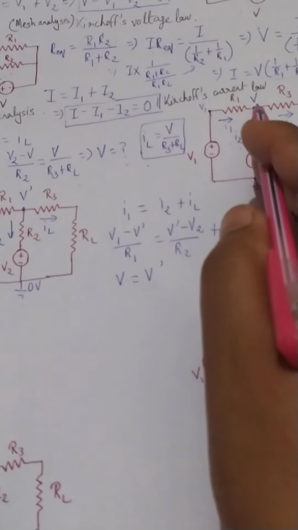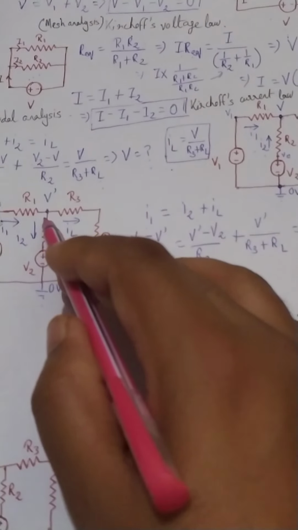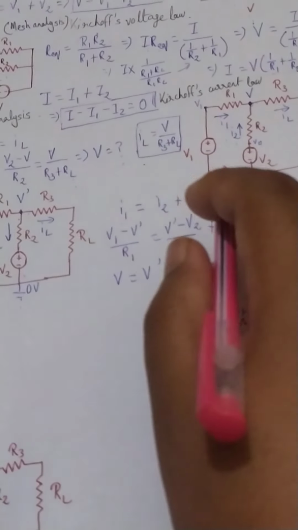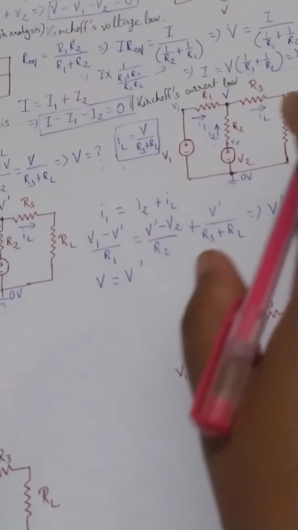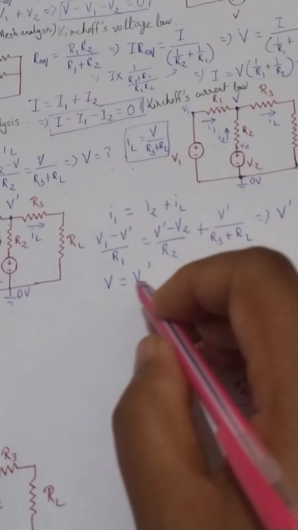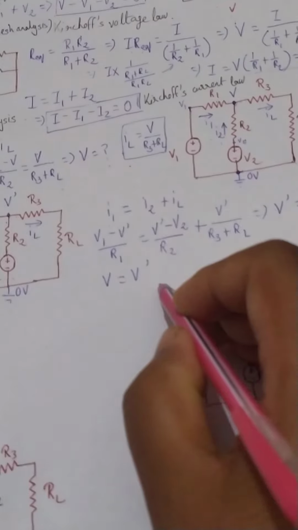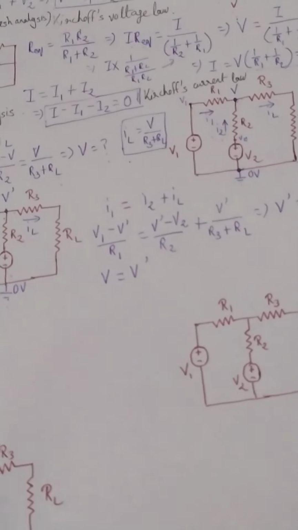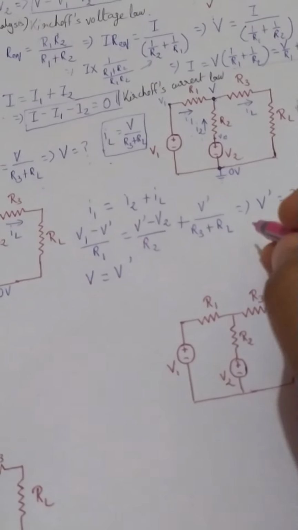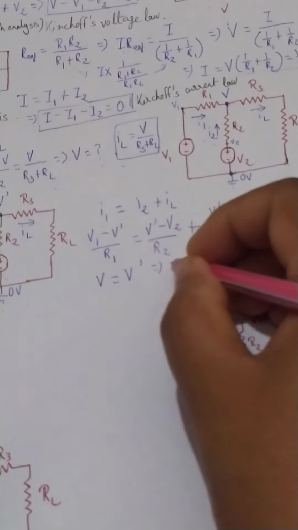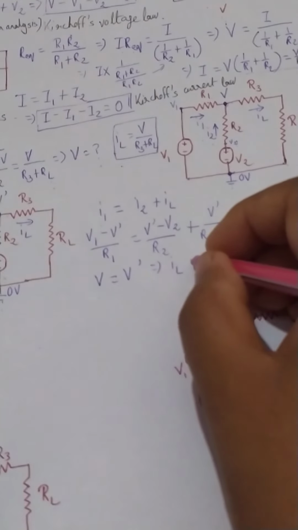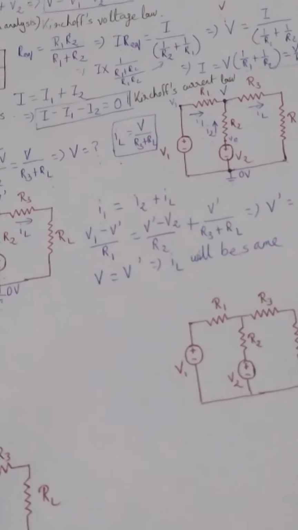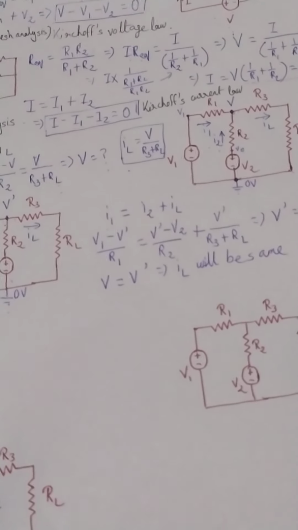In the same circuit, that potential V and V dash should be equal, because V1, V2, R1, R2, R3, RL are all constant values. So V should be equal to V dash. So whatever method we handle, we are going to get the same value of IL for any method we take.